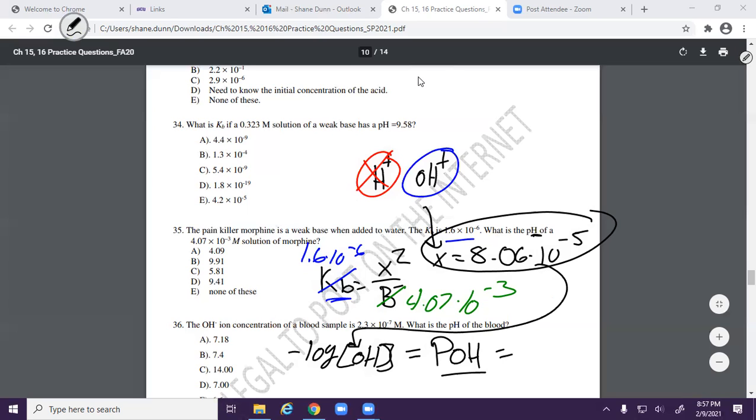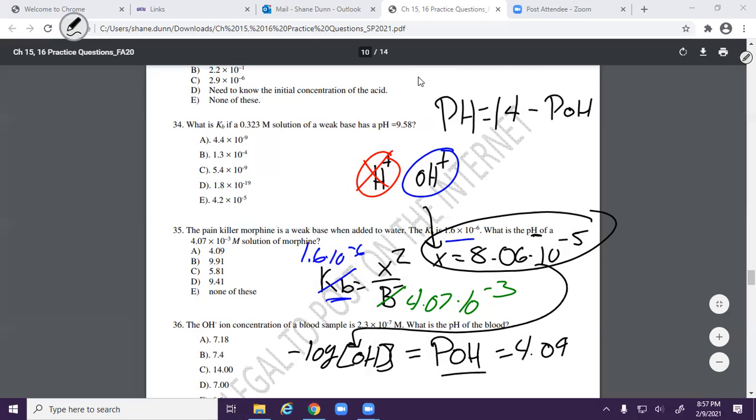What's the negative log of 8.06 times 10 to the negative fifth? 4.09? Did I write that down? I don't know. 4.09 you say? Let's see. So how do I solve pH then, given pOH? You said it, someone said it over there. pH equals 14 minus pOH. pH does equal negative log of H, but we don't need that.